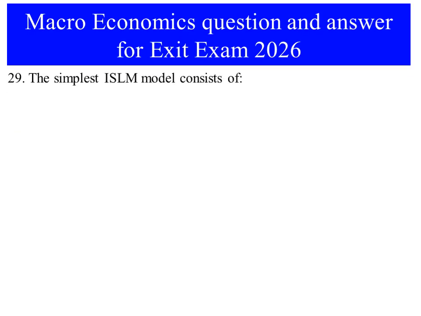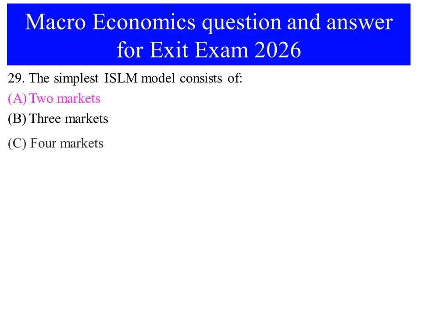Number 29, the simplest IS-LM model, investment and saving, liquidity and money, consists of A, two markets; B, 3 markets; C, 4 markets; D, 5 markets. The answer is 2 markets. Investment and saving is the goods market, and liquidity and money is the money market, together.